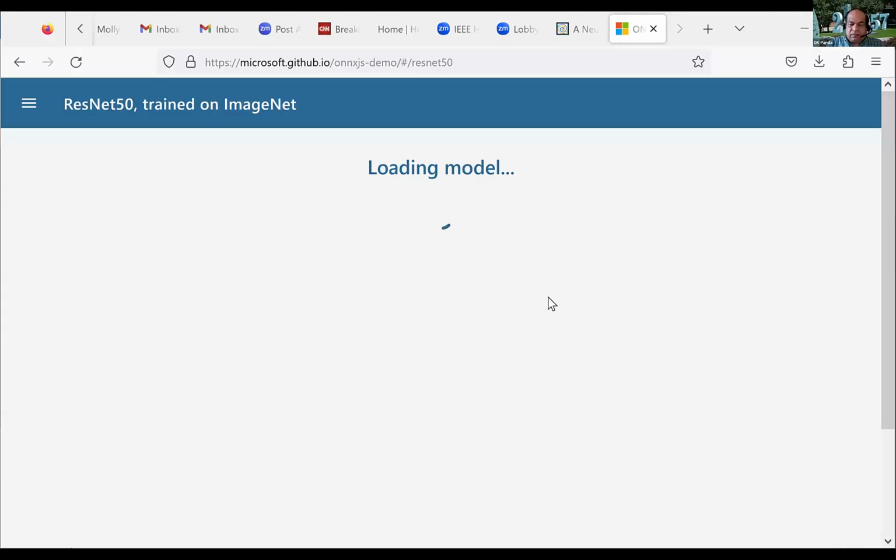Okay. Let me share this. You can see my screen. So it is a ResNet-50 trained on ImageNet. It is trying to load the model.